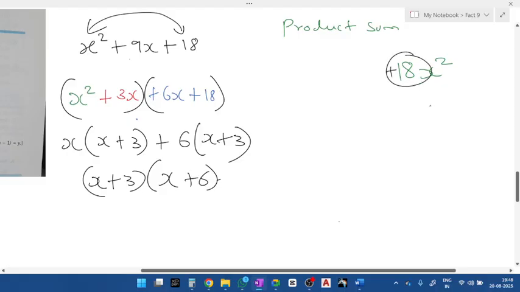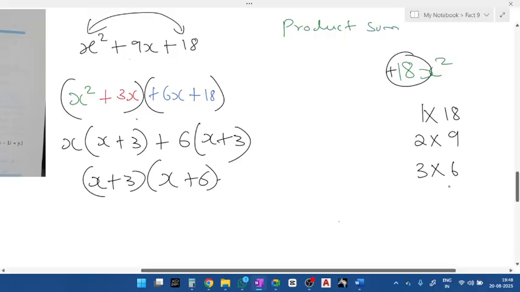Find all the factors of 18. 1 into 18, 2 into 9 will give 18. 3 into 6. What about 4, 5? Do 4 and 5 give 18? No. What about 6? 6 into what gives 18?